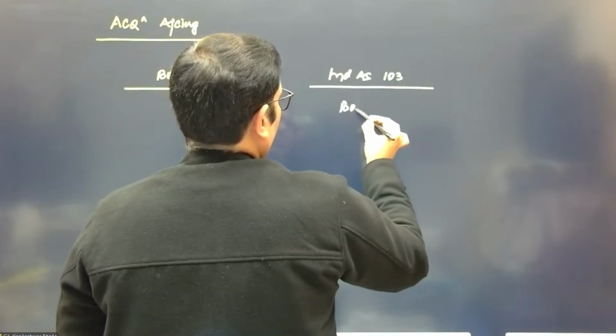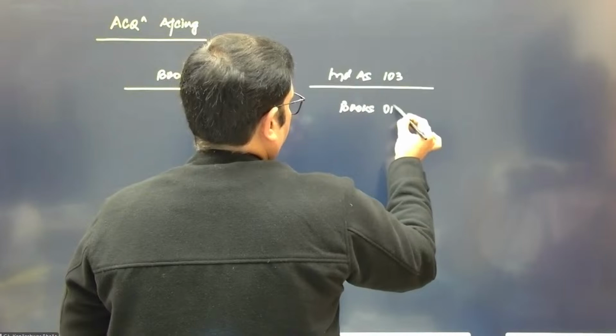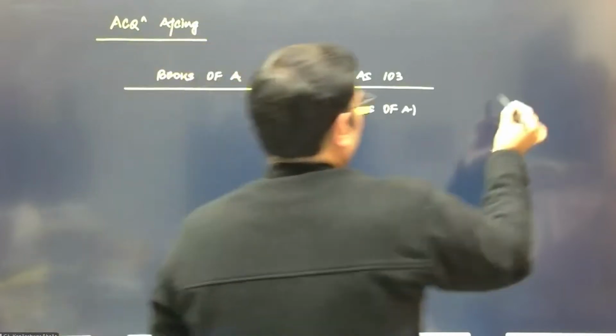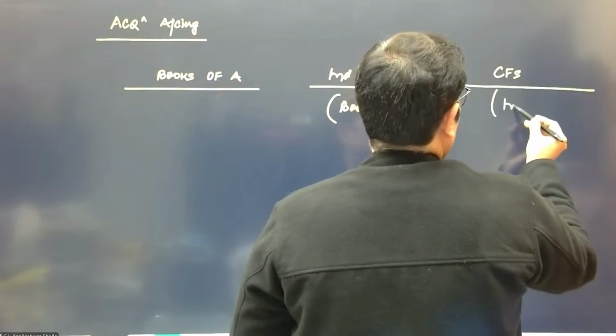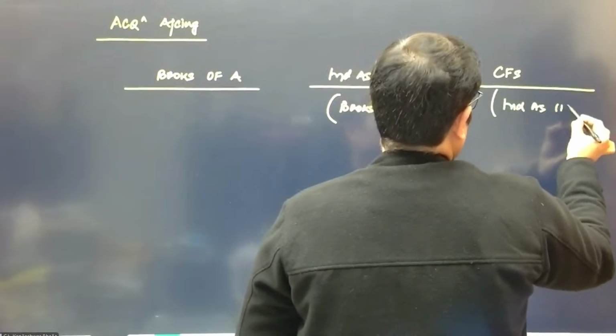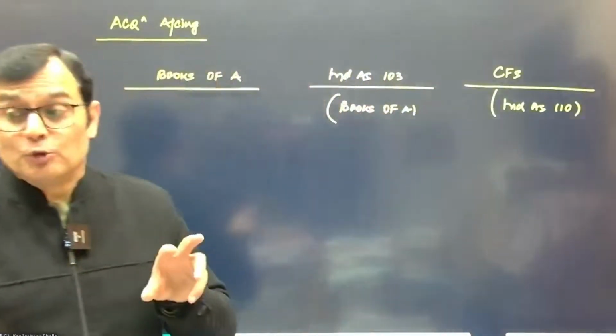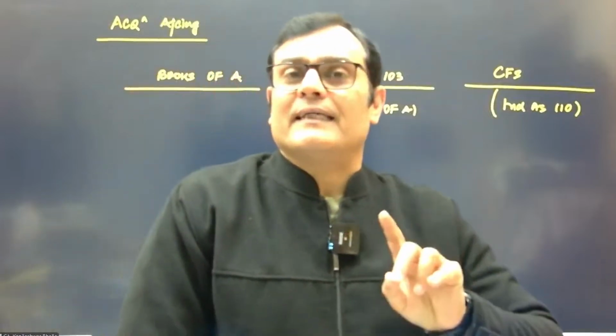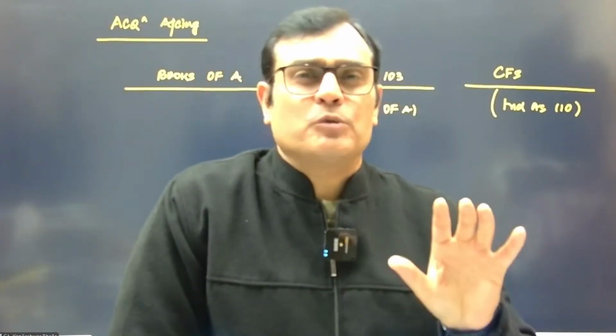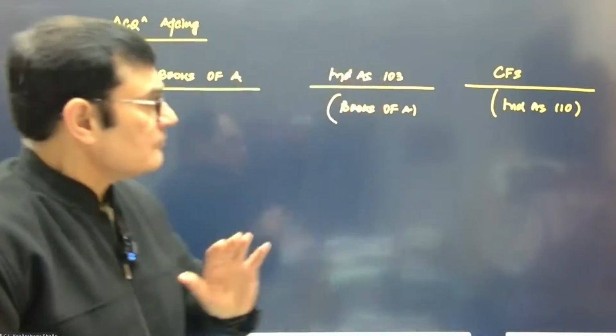This is also going to be in the books of A. And I'm now looking at the consolidated financial statements, which is as per Ind AS 110. Now, please watch carefully, though you will get a clearer understanding of the picture once I am done with 110. But just to give you a basic bridge now.